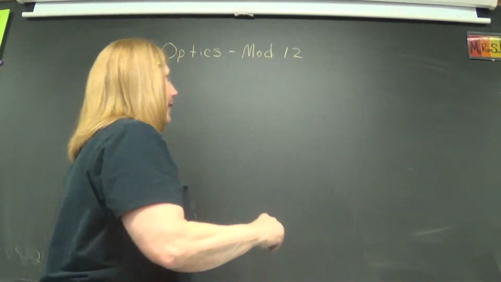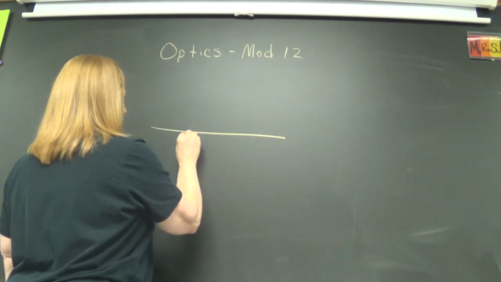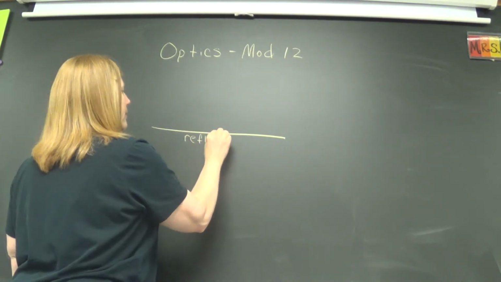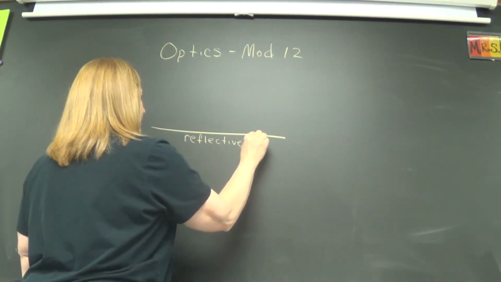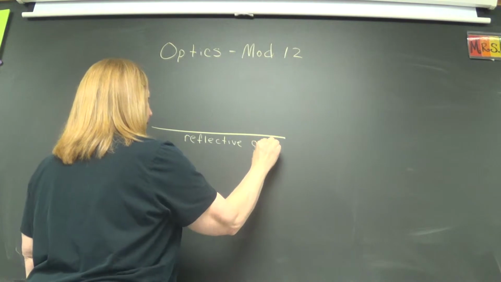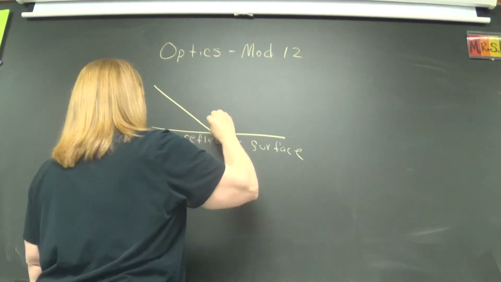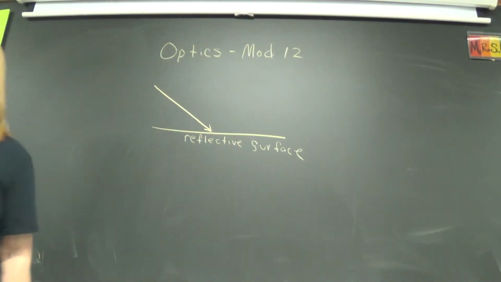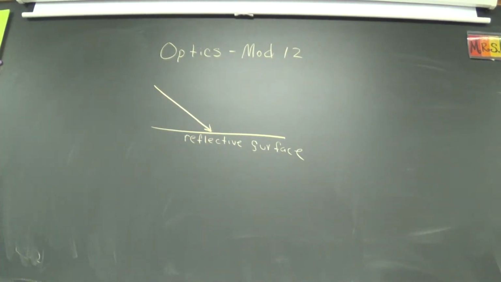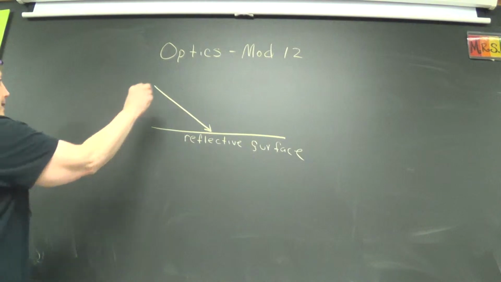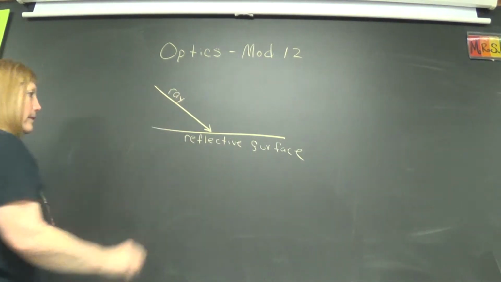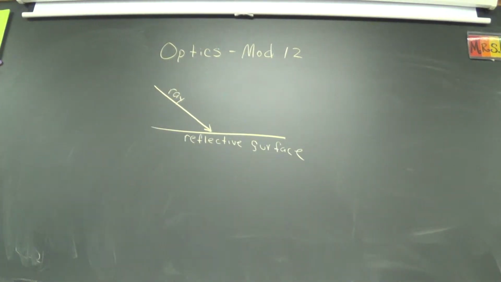When you have a reflective surface, draw a reflective surface. I'm hoping you've had this idea before. You have a light beam that comes in like that. So we have that light beam, which we'll call a ray. The light ray comes in at an angle to the reflective surface.